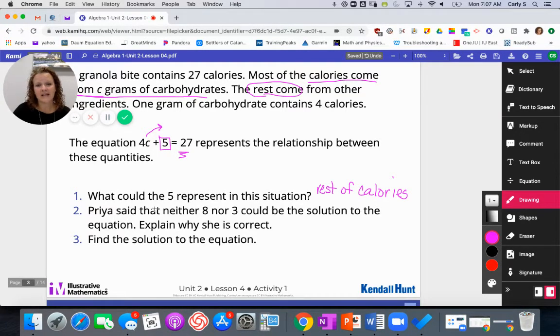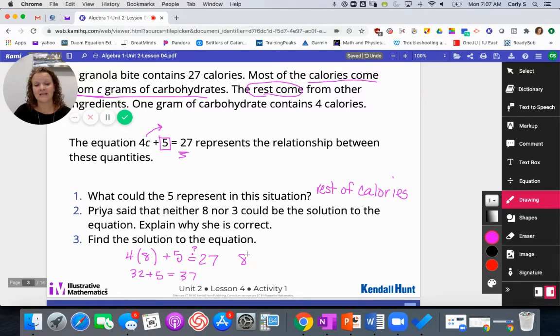So Priya said that neither 8 nor 3 could be the solution to the equation. Explain why she's correct. Well, let's plug in 8 to the equation and see what happens. I'm going to replace C with 8. At this point, I usually put a question mark over the equal sign because I'm not sure. So 4 times 8 is 32, plus 5 is 37.